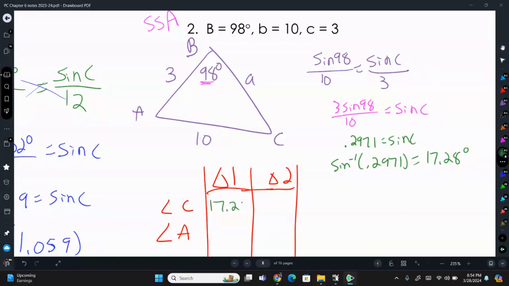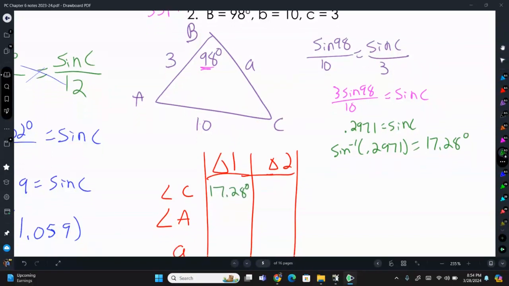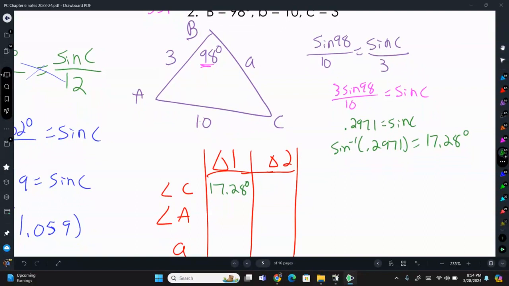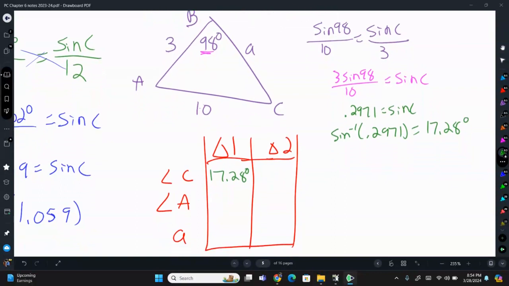Now, if there was a second triangle, then angle C in the other triangle would be 180 minus 17.28, which is 162.72 degrees. Well, if we add that to 98, we're already over 180 degrees. So that means the second triangle can't exist.